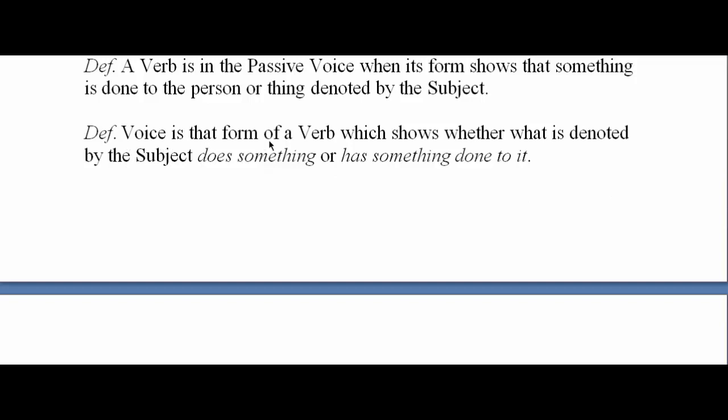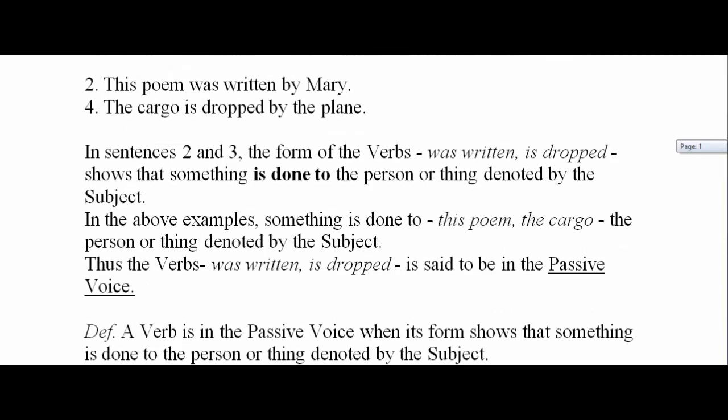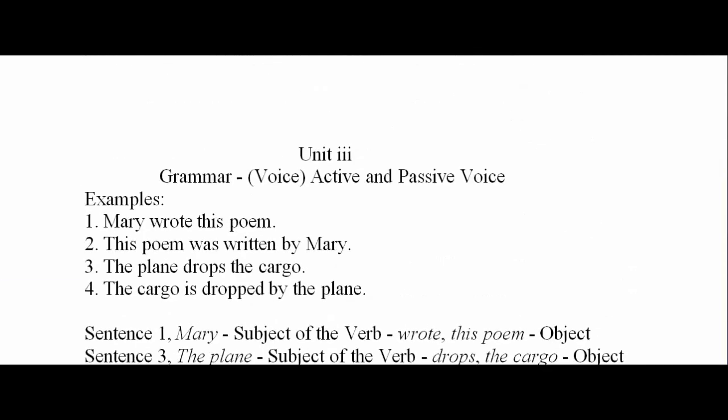Voice is that form of a verb which shows whether what is denoted by the subject does something or has something done to it. If we go back to the example, either the subject Mary and the plane will be doing something in the active voice, or in the passive voice something will be done to the poem or the cargo, the subject. Okay, that is what it means.